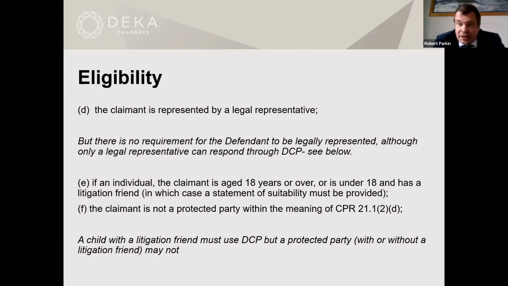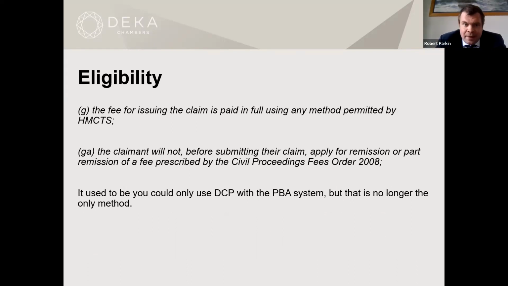But there we go, that's the rules. If you've got a protected party as claimant, and not a defendant, they cannot use DCP. If you've got a child, they only have to have a litigation friend.